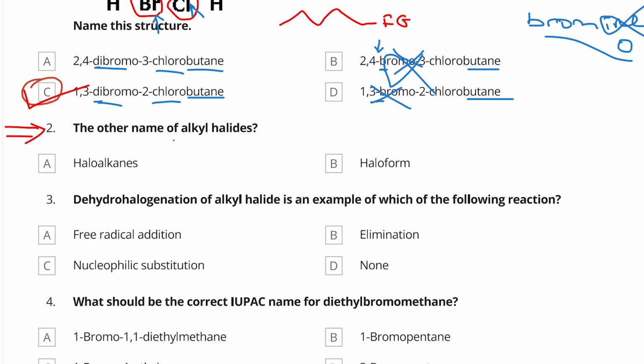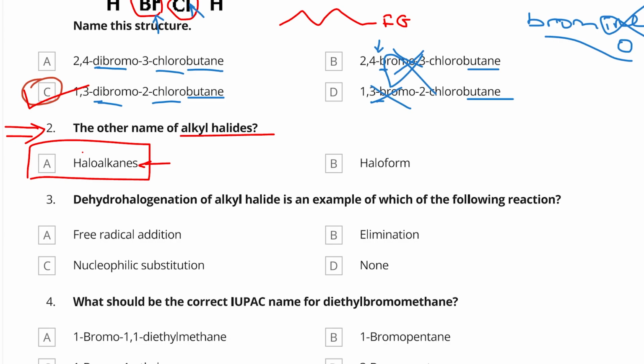Now we are here. Other names of alkyl halides are the haloalkanes, a very basic definition. And this name also tells us the pattern of IUPAC naming, haloalkanes. If the halo is chlorine, it will be chloroalkane, for example, chlorobutane. But don't forget, this is just a simple approach.